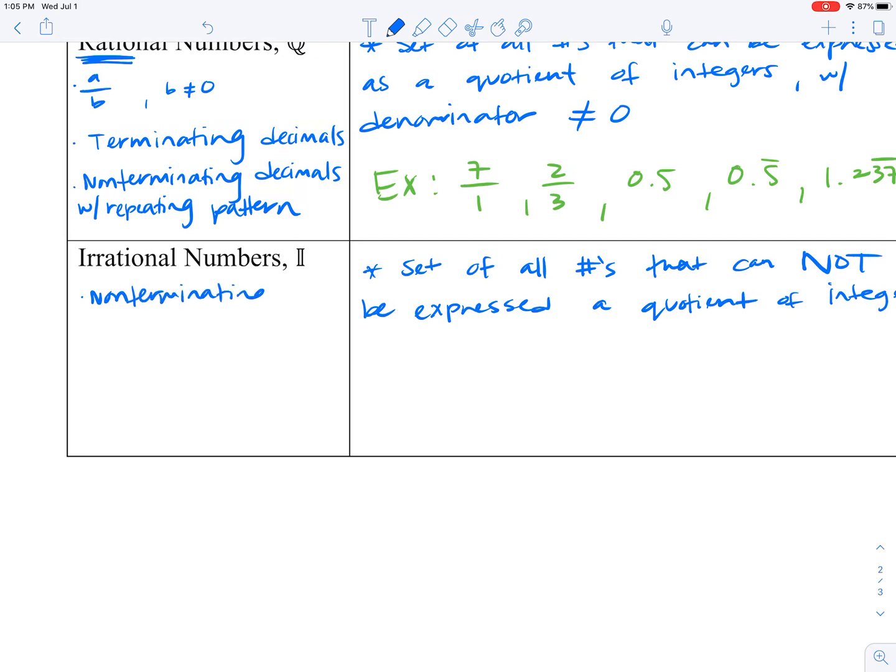Okay, so all irrational numbers, if you were to put them in decimal form, would be non-terminating, meaning they go on forever. There's infinitely many digits. So non-terminating and non-repeating decimals.